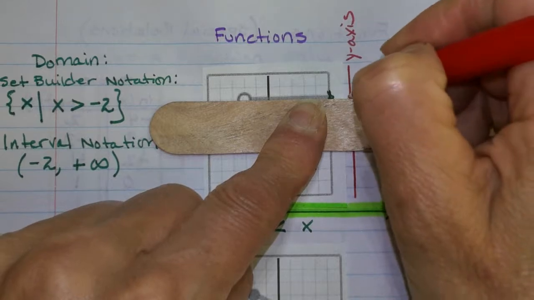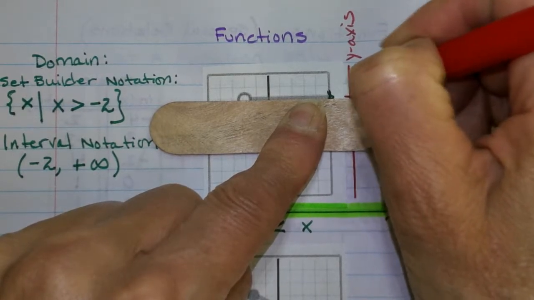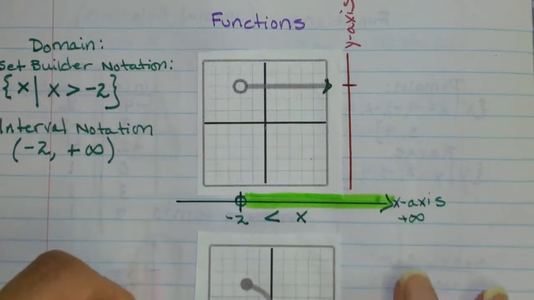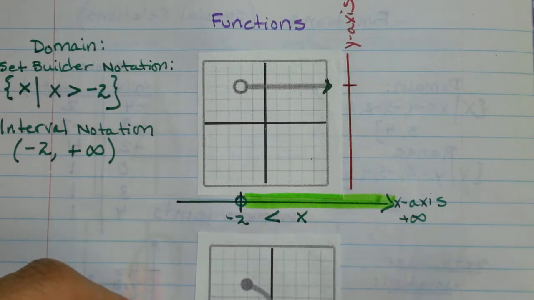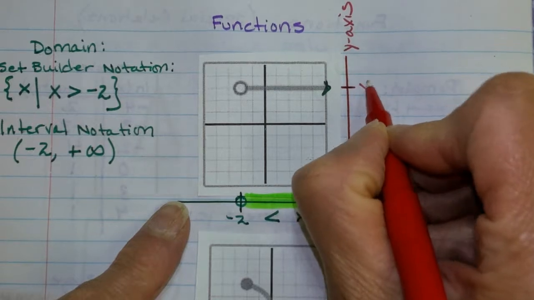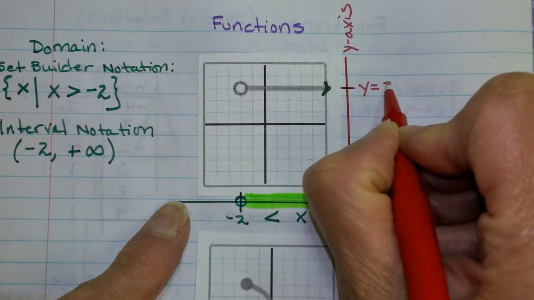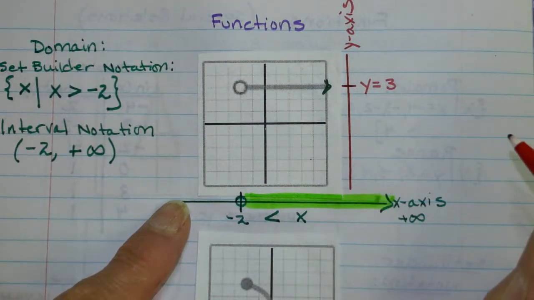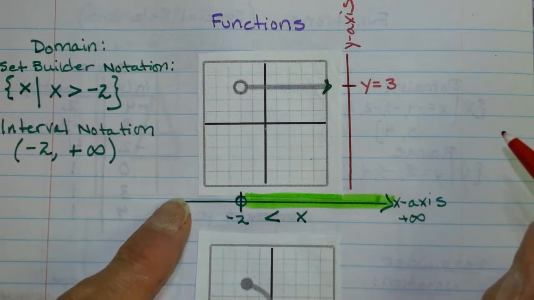It's only right here. That's the only place where that function touches my y-axis. So that's where y is 1, 2, 3. So that's where y equals 3. So my range is simply y equals 3.